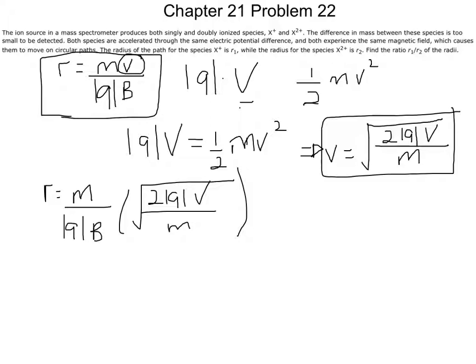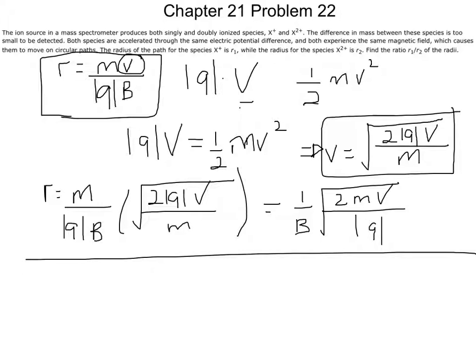And then you can simplify it to this. Now, afterwards, this is basically the equation that you're going to use to find the radius of the first species, which is X+.